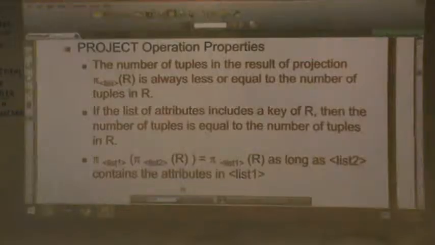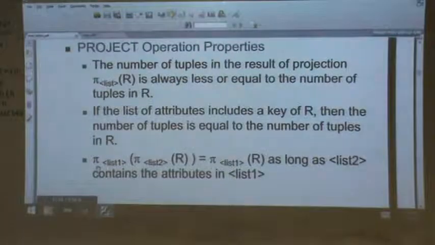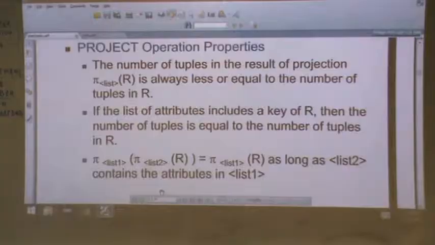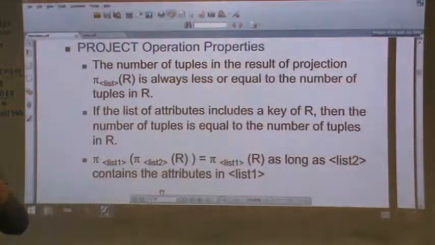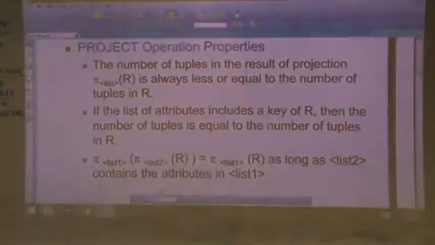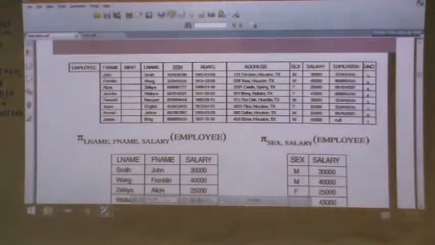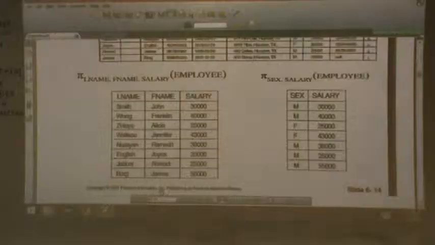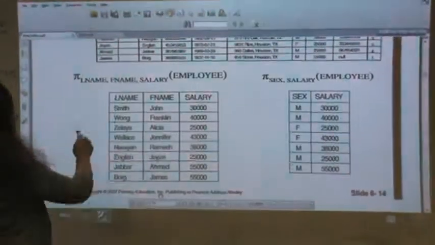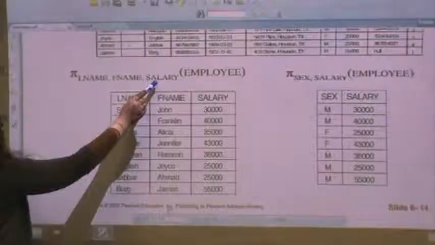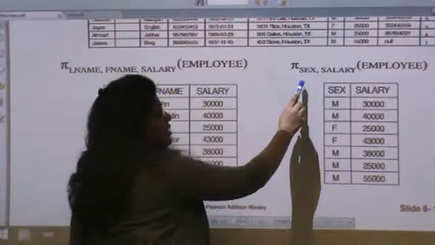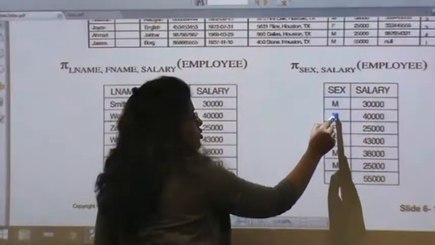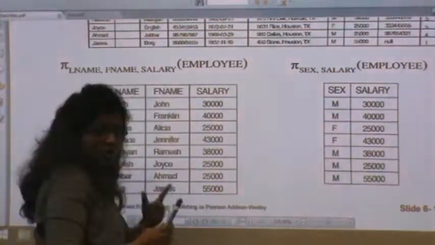Page number 13, third bullet point. I'm mentioning this because when I took the course, I was really confused by this, and that's the mistake I made later. You can see the change right now: when I take the projection of last name, first name, and salary, there are 1, 2, 3, 4, 5, 6, 7, 8 results. But when I take the projection of sex and salary, there are 1, 2, 3, 4, 5, 6, 7. So one is missing.